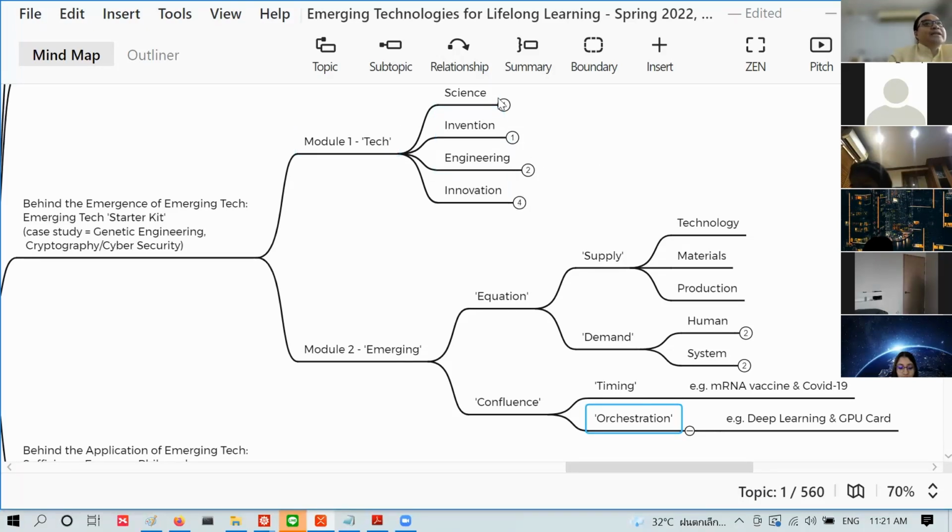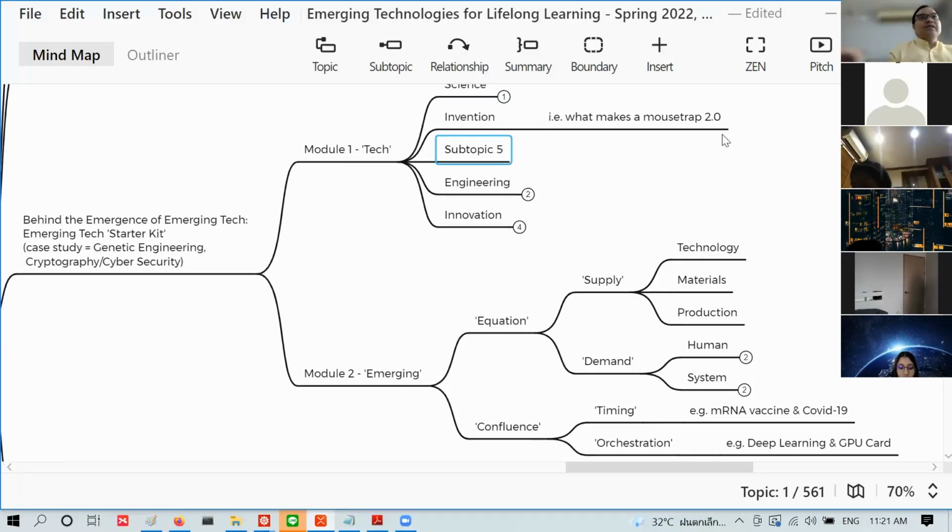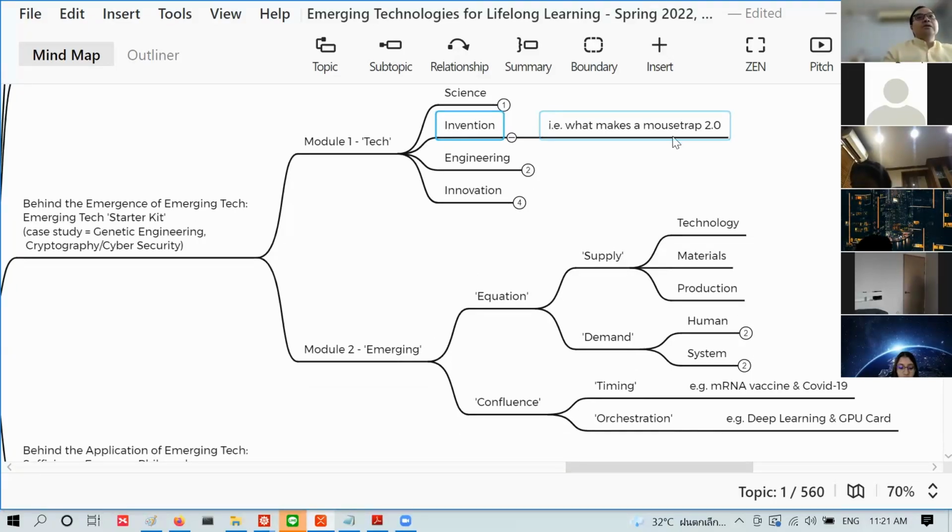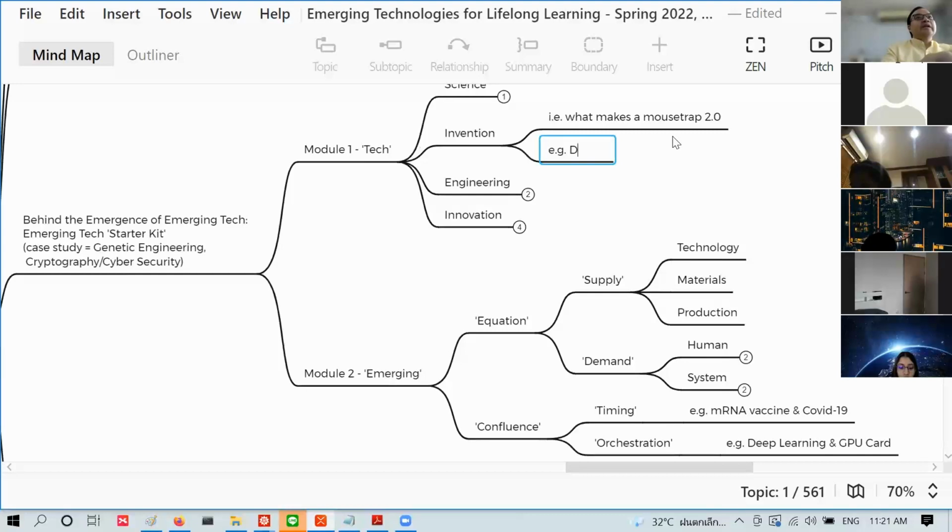But the technology, the invention that became what we need is what we mentioned, e.g., the Diffie-Hellman key exchange protocol, RSA, or elliptic curve public key cryptography.